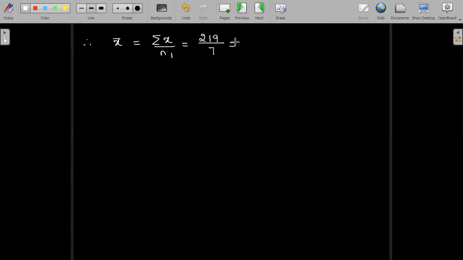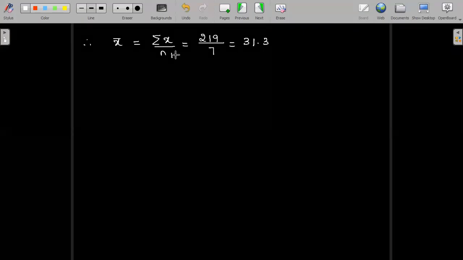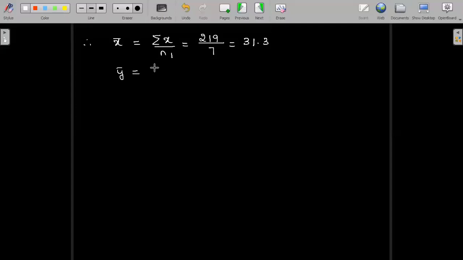And 219 divided by 7 is approximately 31.3. Similarly, y bar is equal to the sum of all y values divided by n2. The sum of all y values is 169 divided by 6, which gives us approximately 28.2.